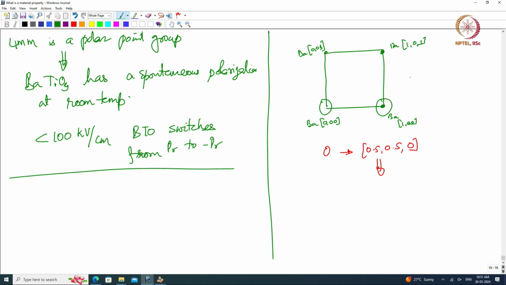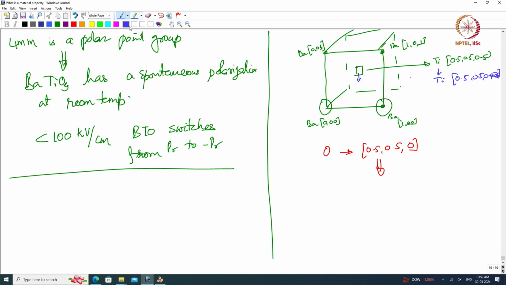So this is the projection I am looking at, but you have the other side also. Okay. And so I have titanium which is supposed to be at 0.5, but it has moved down to 0.476. Okay. So titanium has moved down.